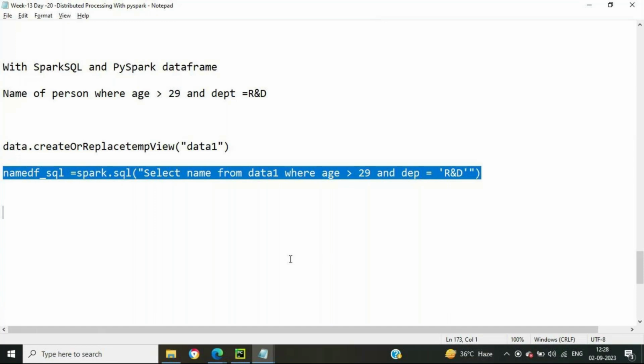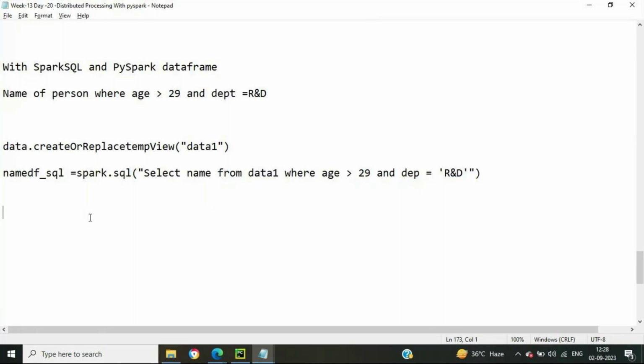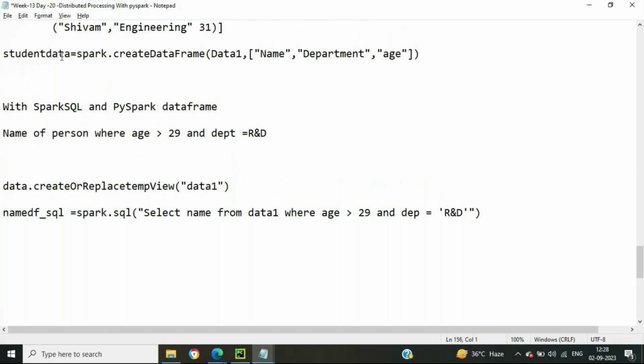With the help of filtering. Speak loudly. With the help of filtration. First we need to create a data frame. Then we will have to apply df.filter.